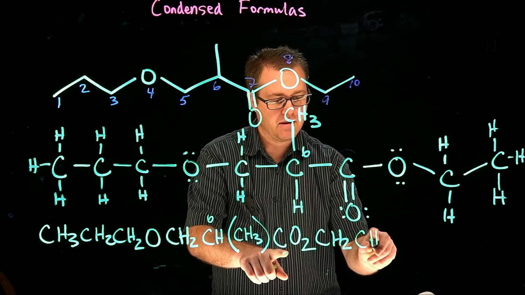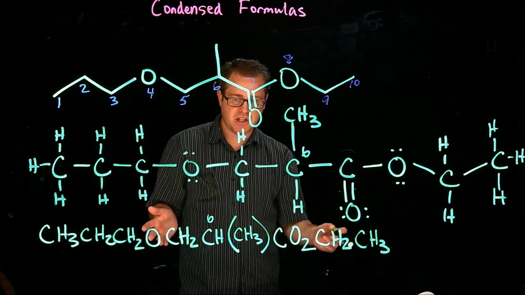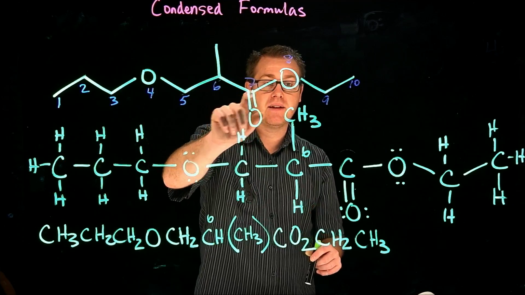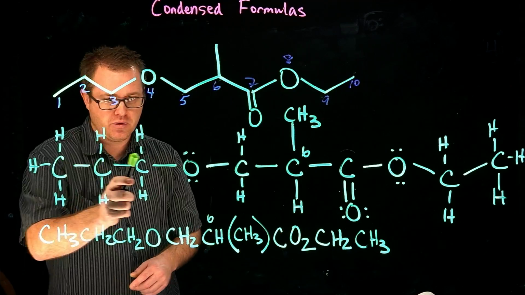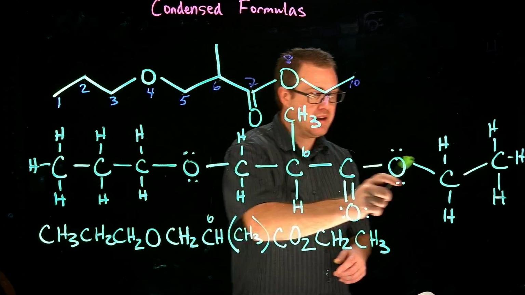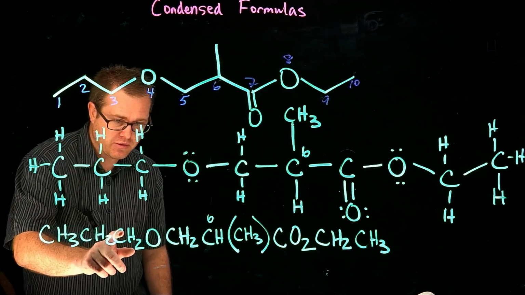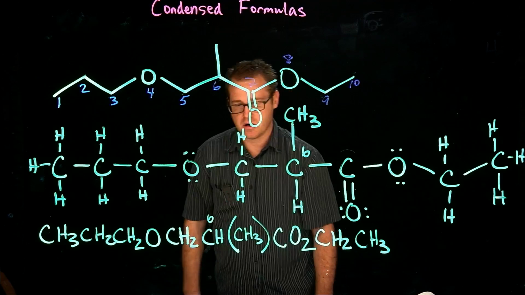CH2 and a CH3. Now I just double check that there's 1, 2, 3, 4, 5, 6, 7, 8, 9 total carbons. Then I come here. 1, 2, 3, 4, 5, 6, 7, 8, 9. 9 total carbons.